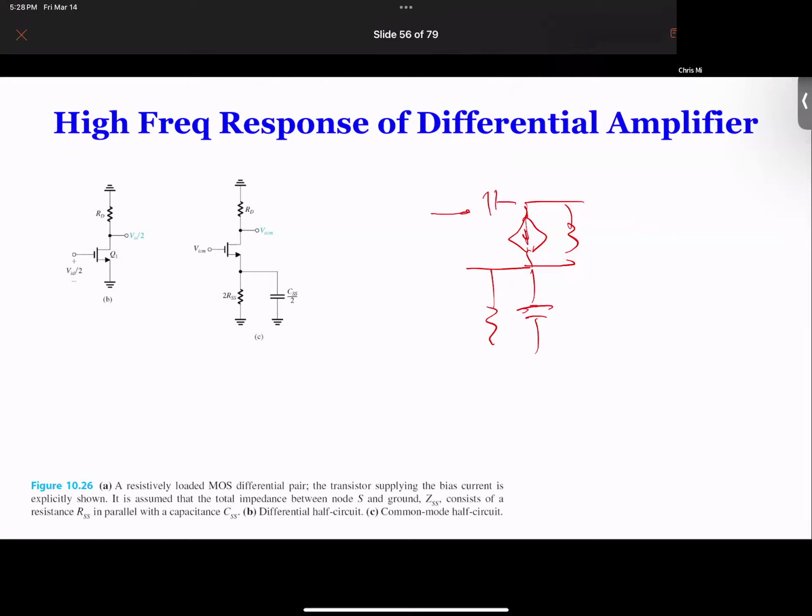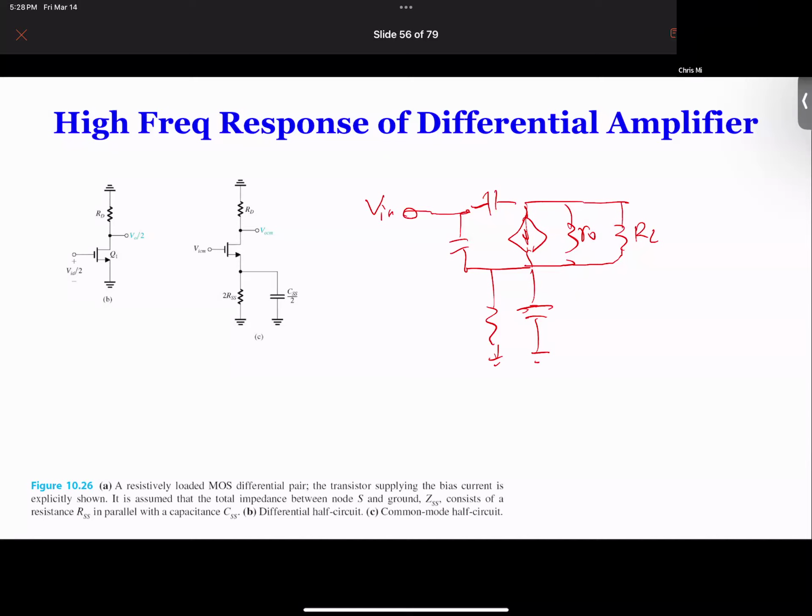You have this capacitance here, you have capacitance here, you have your input right over here, and at the output you also have RL, RO, and you have this ground and this ground. So we have your Vin right over here. So this is your equivalent circuit, and we can easily do nodal analysis again.